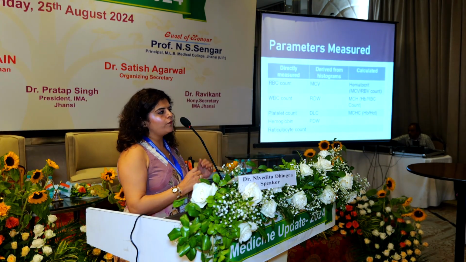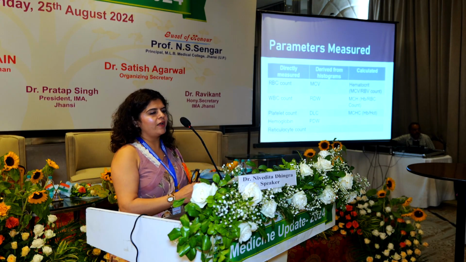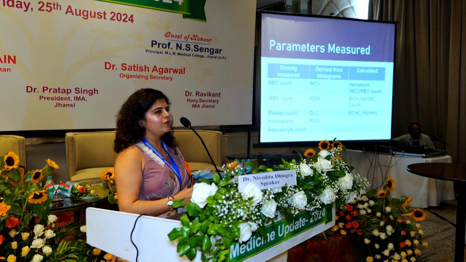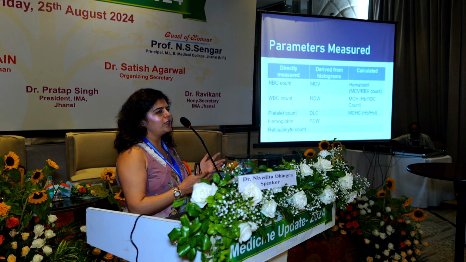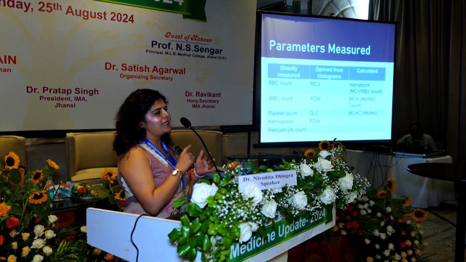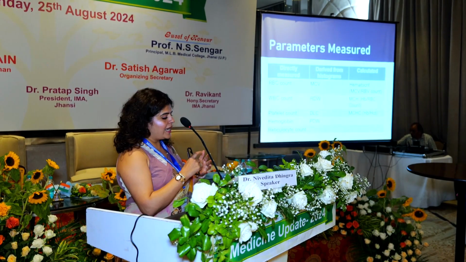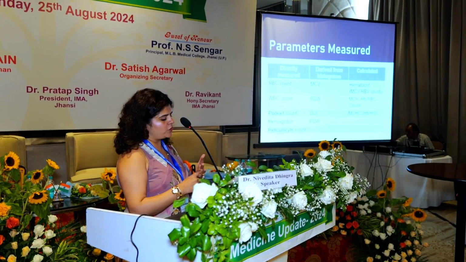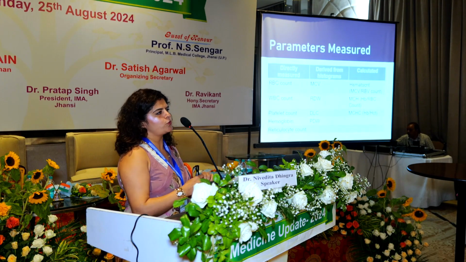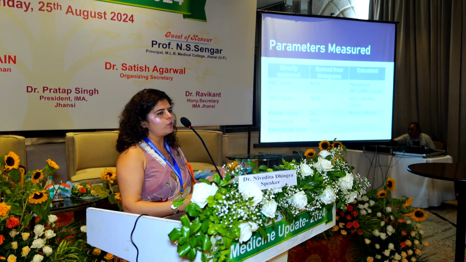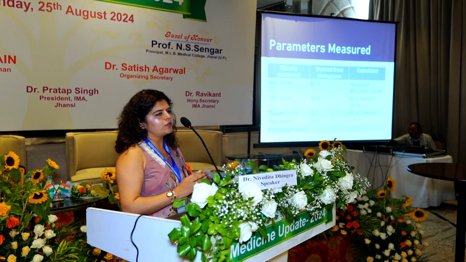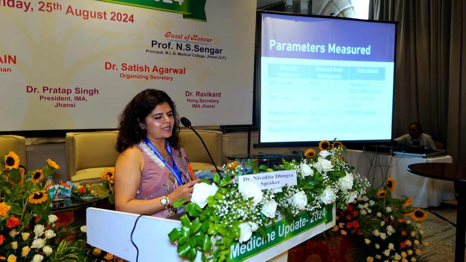When we talk of a CBC counter that you might have in your hospitals and labs, what we want is a counter that gives a 5-part differential, which means that it can count the red cells, platelets, WBCs, and give a 5-part differential of the WBC, which includes neutrophil, lymphocyte, monocyte, basophil, and eosinophil. That is the bare minimum for performing a good CBC and having a good differential count, through which an accurate diagnosis can be made.